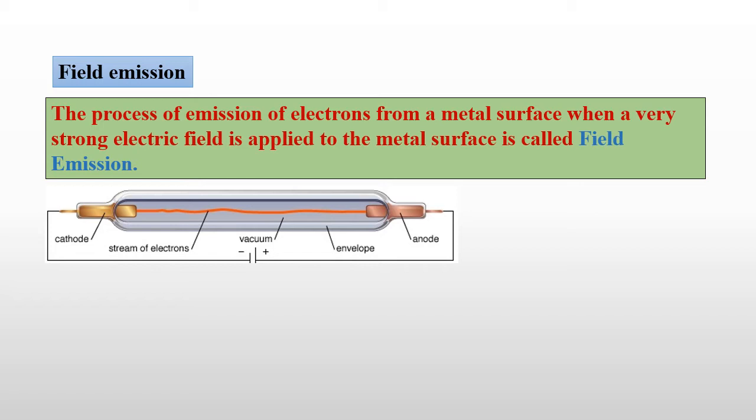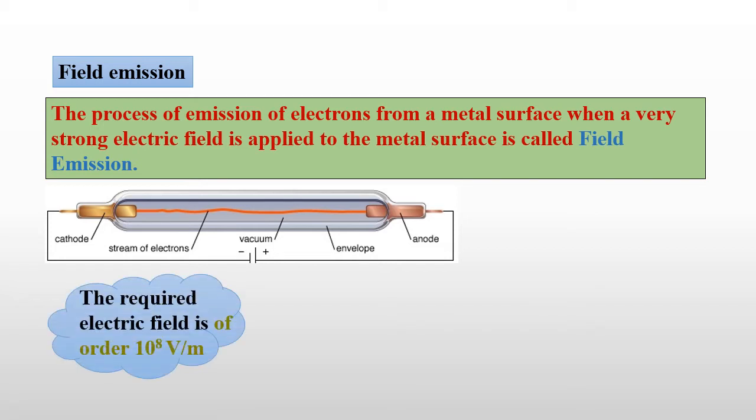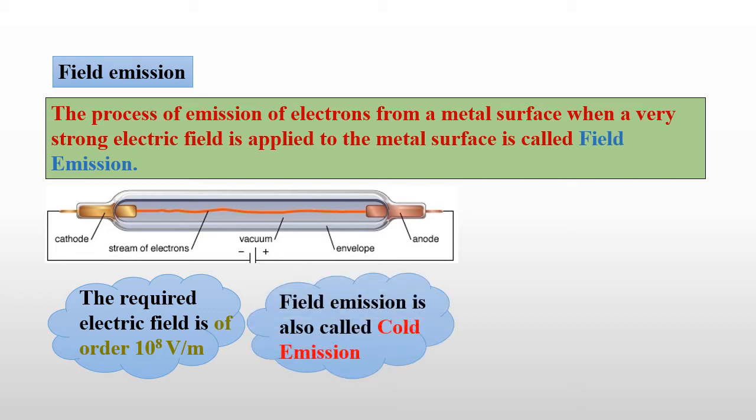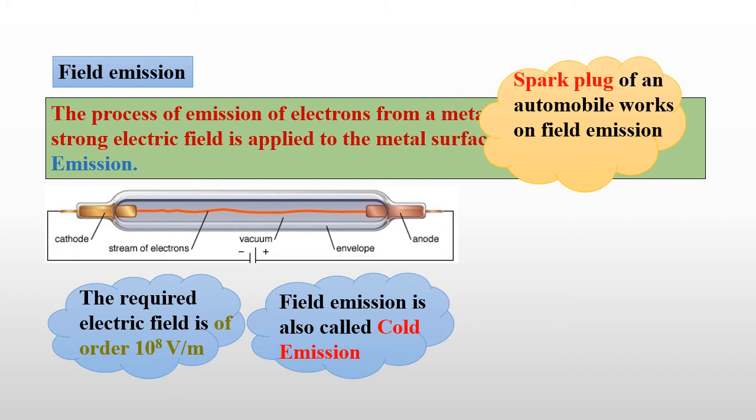When electrons are emitted from the cathode, they are attracted towards the positive terminal. The required electric field is of the order of 10 to the power of 8 volt per meter. Field emission is also called cold emission. The spark plug of an automobile works on field emission.